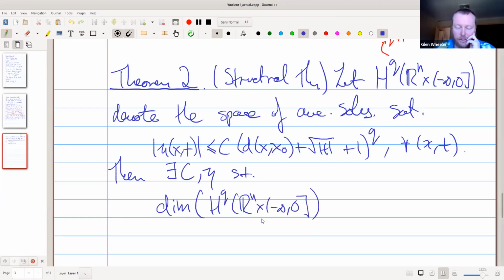I should just call it H_q, but it really looks like a Sobolev space. Okay, so this really tightly controls how many ancient solutions you can have.